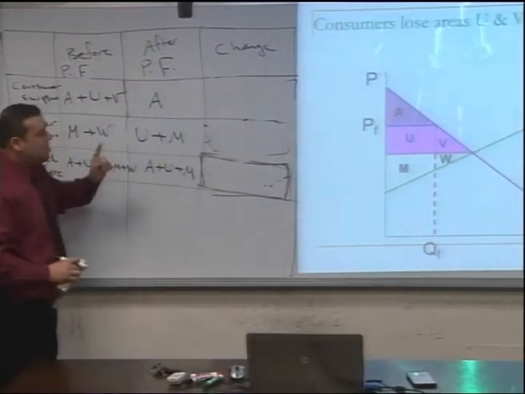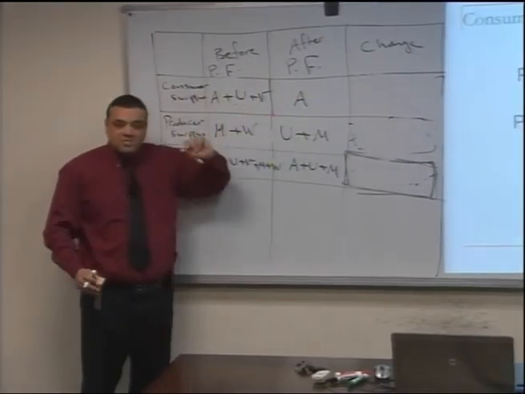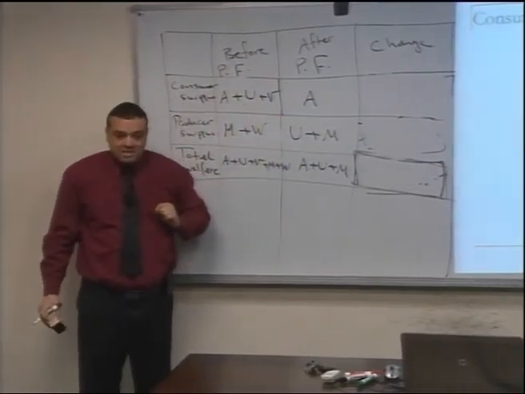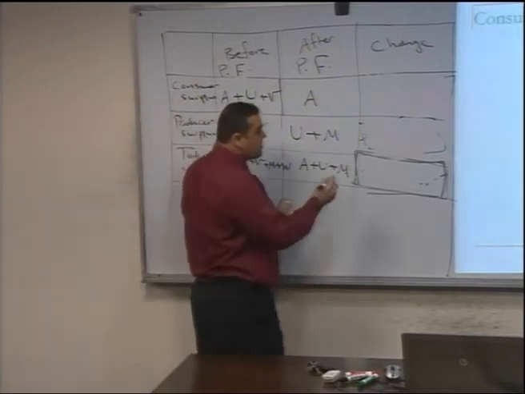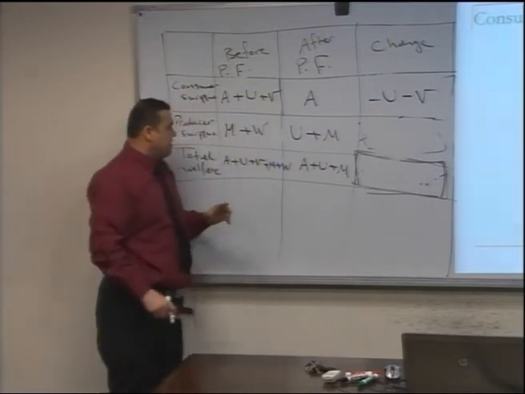What about the consumer? A minus U minus V. How much is the result here? Minus U minus V. What about the producer?